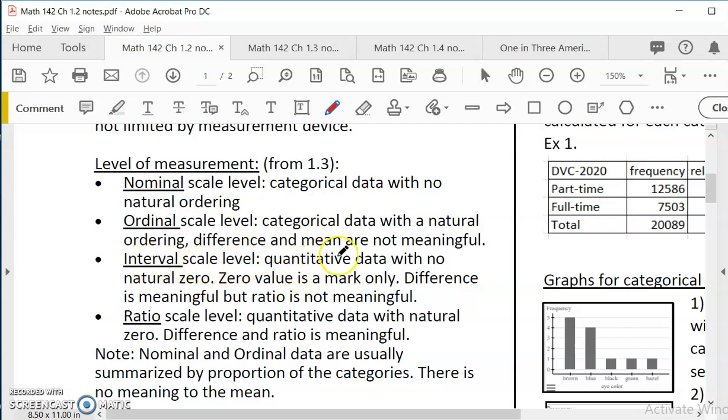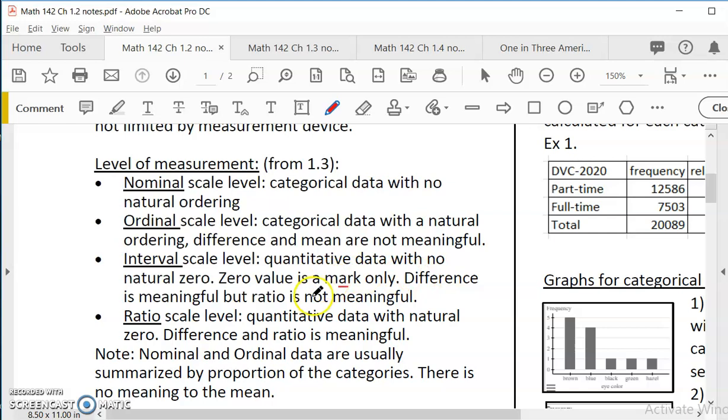Interval levels are quantitative. They're actually numbers with no natural zero. Well, you may ask, Ms. Chen, what is no natural zero? Anything you can go back, you can draw a zero. Well, there is a zero, but the zero value is only a mark. It does not mean that there is nothing.